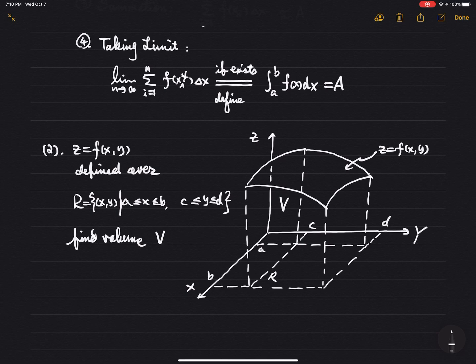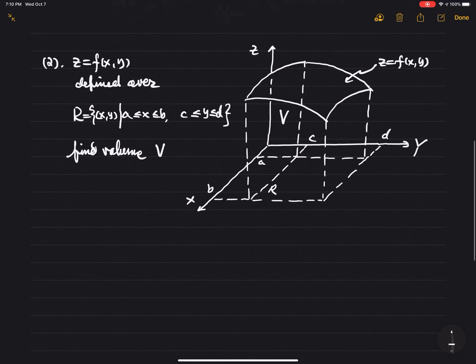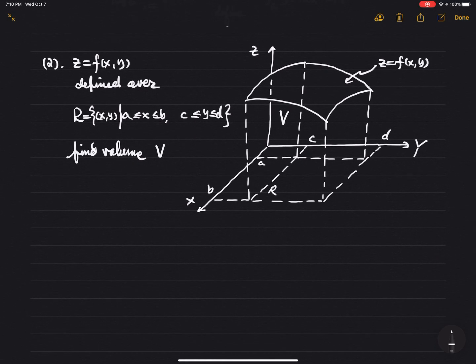Well, we're going to do the same thing. We do the four steps.